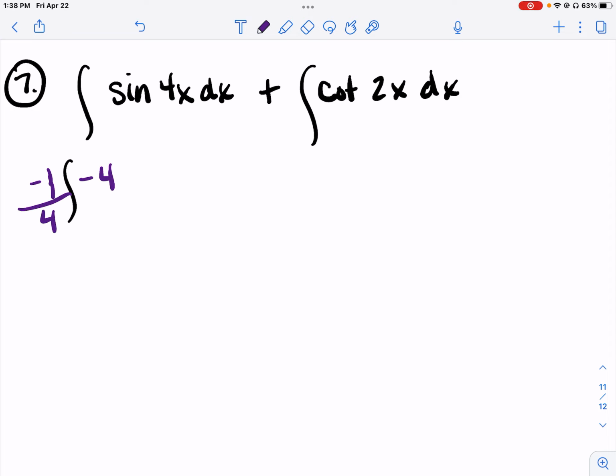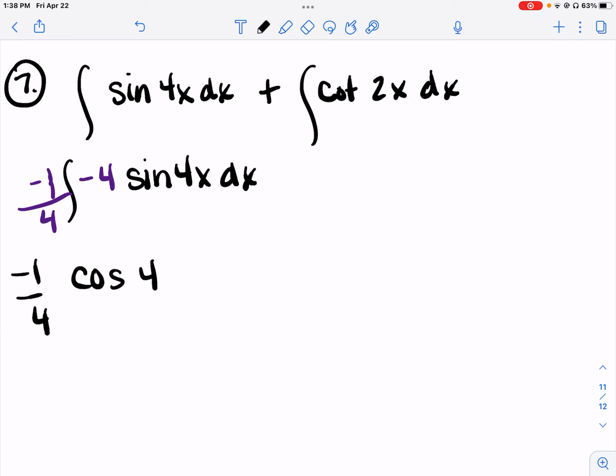So we're going to divide by 4. The derivative of cosine 4x is 4 sine. So the integral of this is cosine 4x.